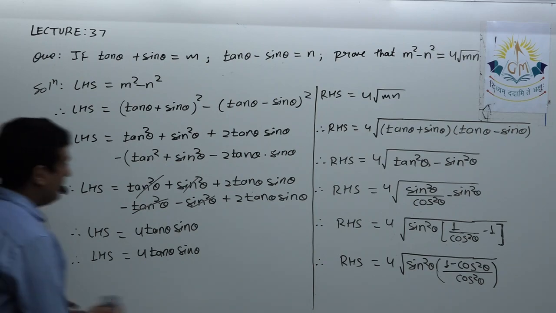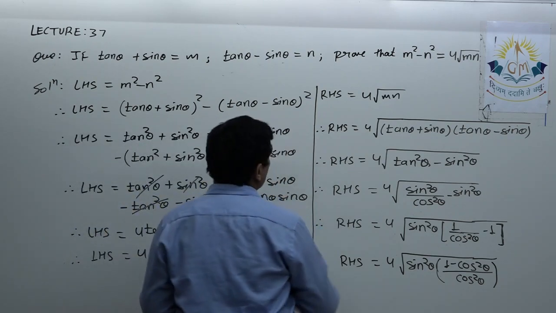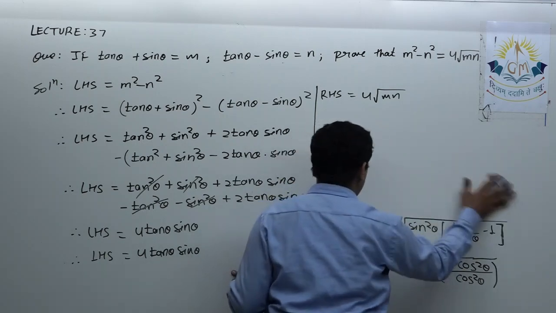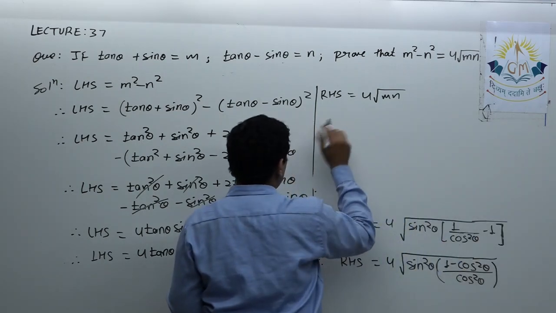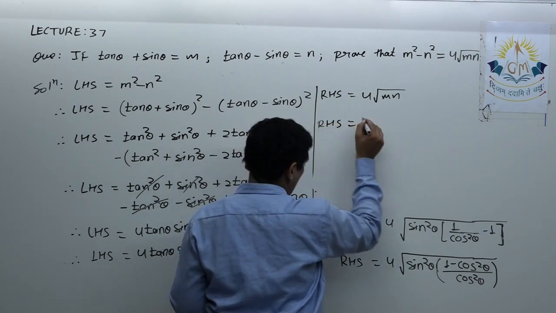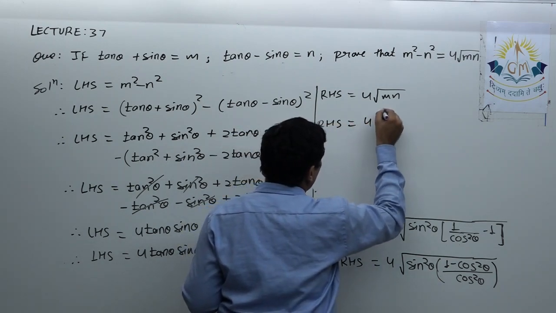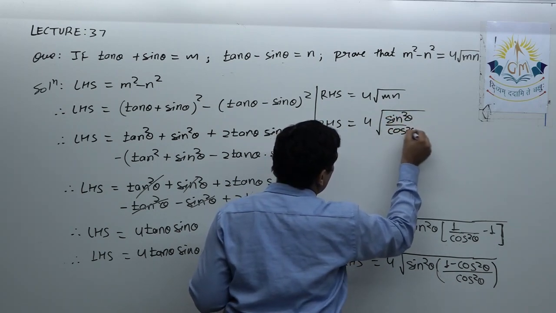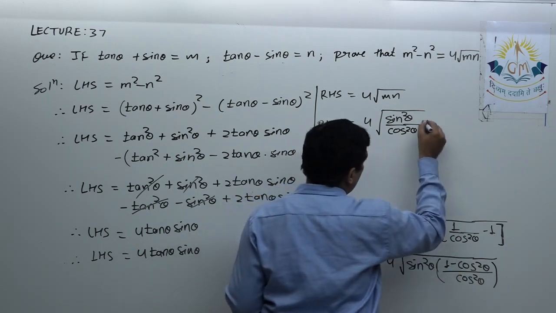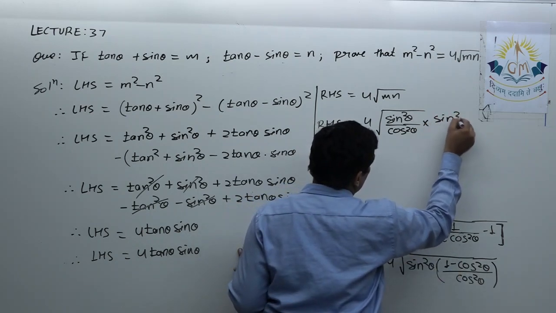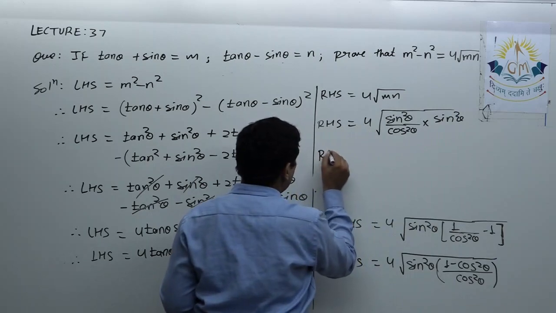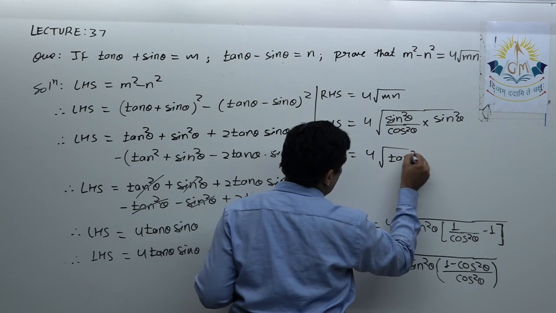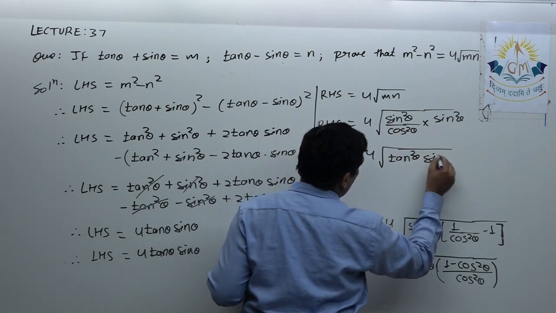Okay, so let us see its further simplification. Here I can write RHS is equal to 4 square root of sine square theta upon cos square theta, and this 1 minus cos square theta is sine square theta. So RHS is equal to 4 tan square theta into sine square theta.